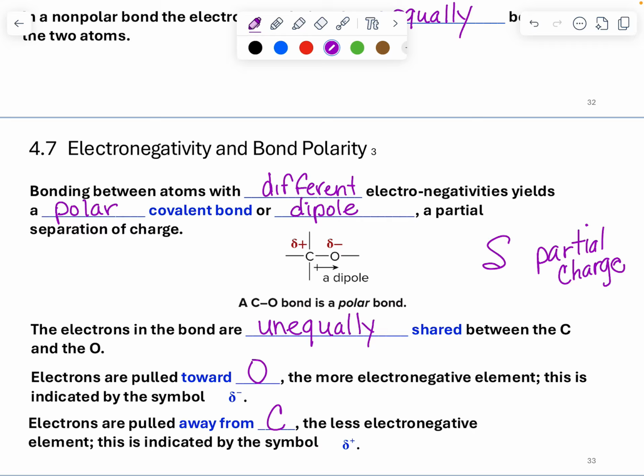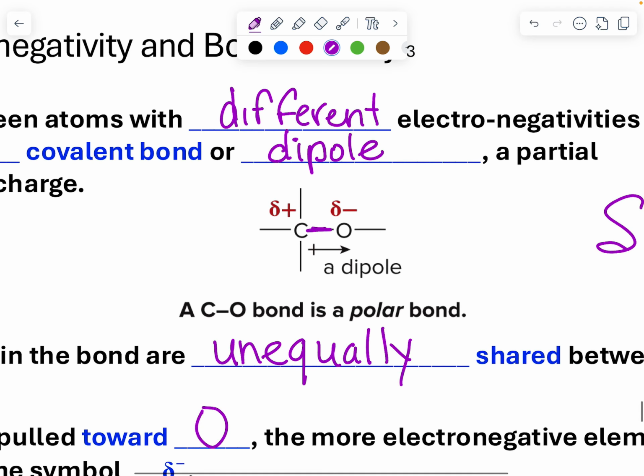So for this compound, CO, for this bond right here between C and O, the oxygen side of the bond is going to be slightly negative because the electrons in the bond are pulled closer to oxygen, and the carbon side of the bond is going to be slightly positive because of the lack of electrons there.